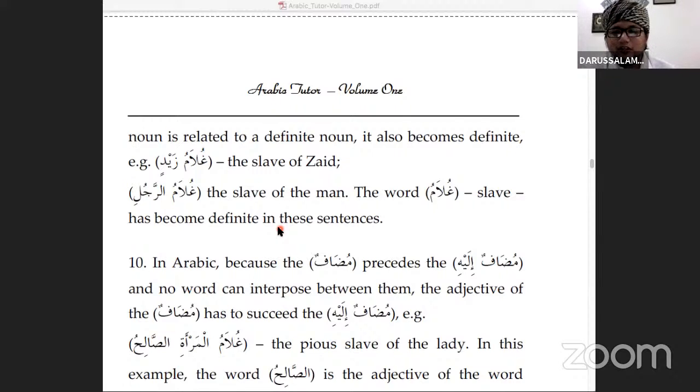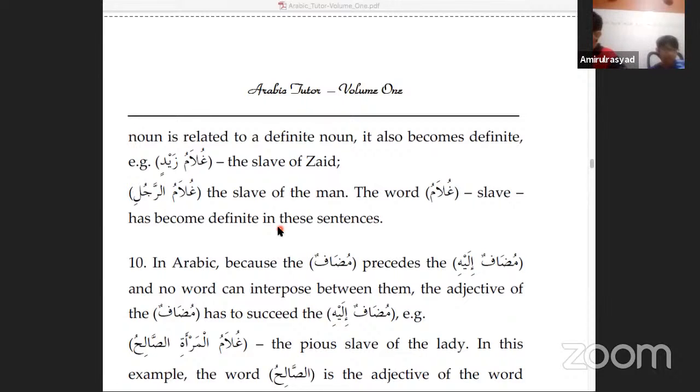Ismul alam, ismul isyara, ismul mausul, ism mu'arraf bil lam. Ismul domir, yeah. So if you have a mudaf to any of the above, then that mudaf is also ma'rifah.